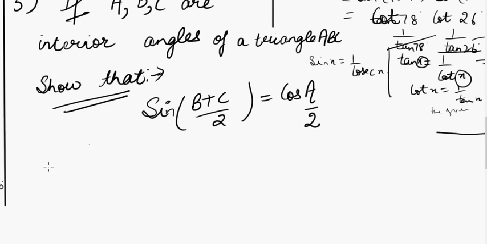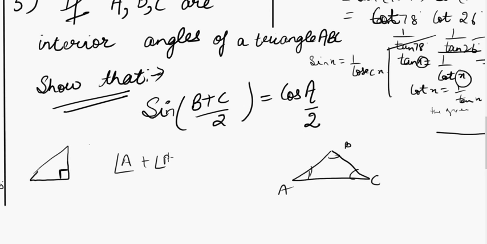But though previously we have learned how to deal with a triangle which was a right angled triangle, that is, we know that this angle is 90 degree. But since ABC are the interior angles of the triangle, then for sure angle A plus angle B plus angle C will sum up to get 180 degree, because this is the property of a triangle.